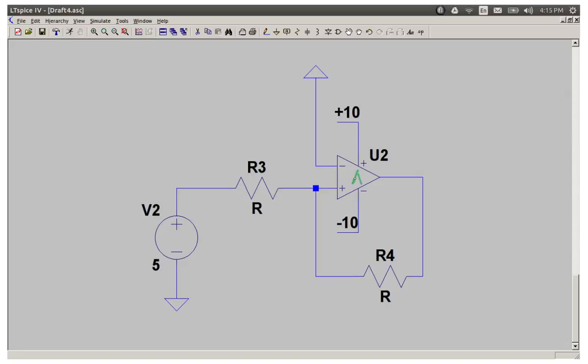It amplifies from plus to minus, and so V output is still equal to the amplification A into V plus minus V minus.